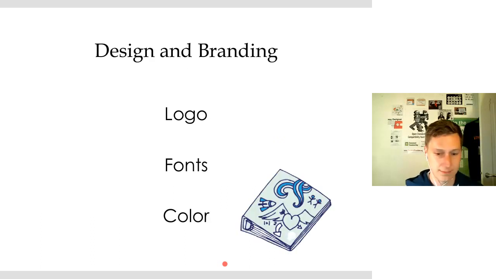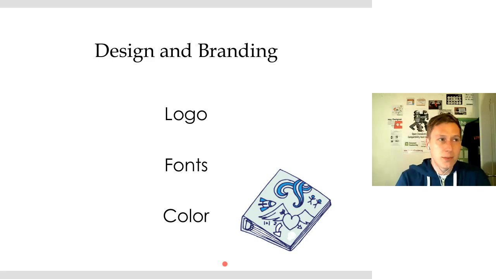So yeah, okay. So you've got designing. You've got your logos, your fonts, your colors. Think about the fonts and the colors that you think you'd need on your Moodle site. And think about what a logo is about. Why do you have this logo?